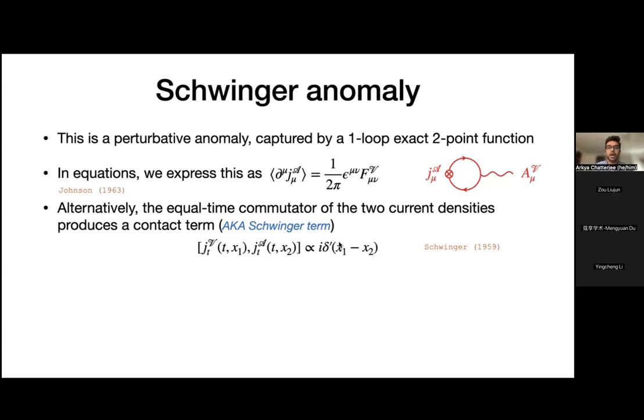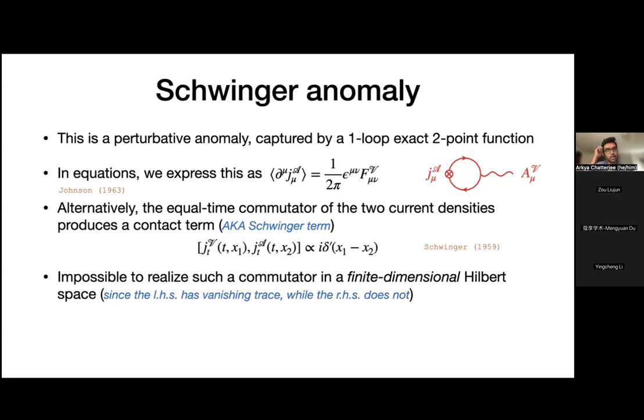So you get some kind of a contact term, meaning when x1 and x2 are far away, then it's just zero. But when x1 approaches x2, there's some non-trivial contribution.